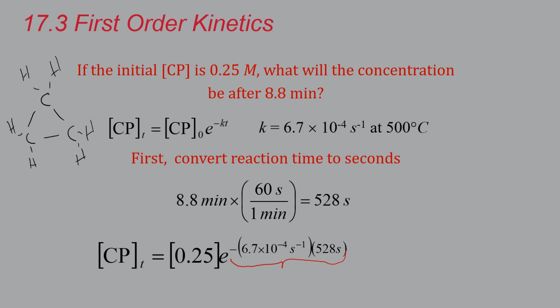So it should be a negative quantity altogether. And that should all work out to be about negative 0.354, and it ends up being unitless. And then you would raise e to the negative 0.354 power.